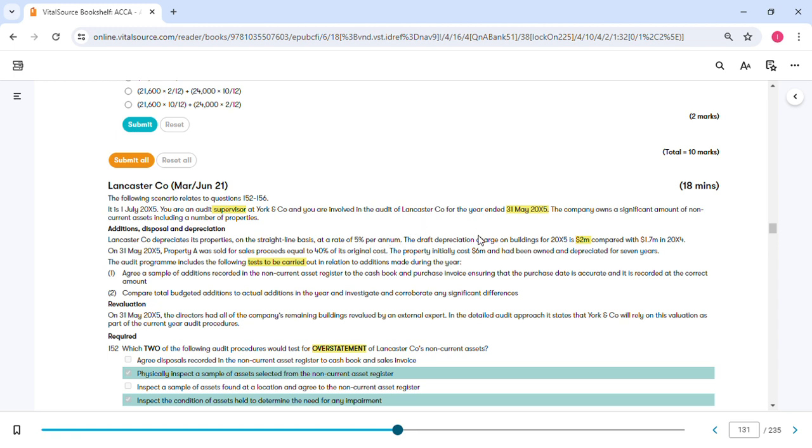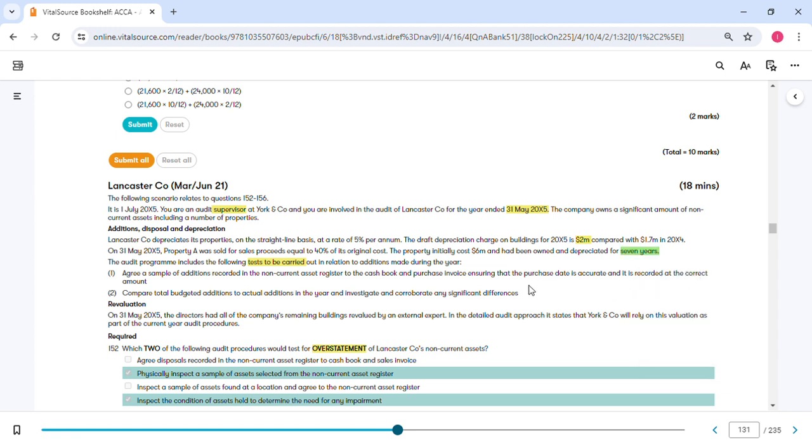When they have purchased, seven years. Is that 7 years?